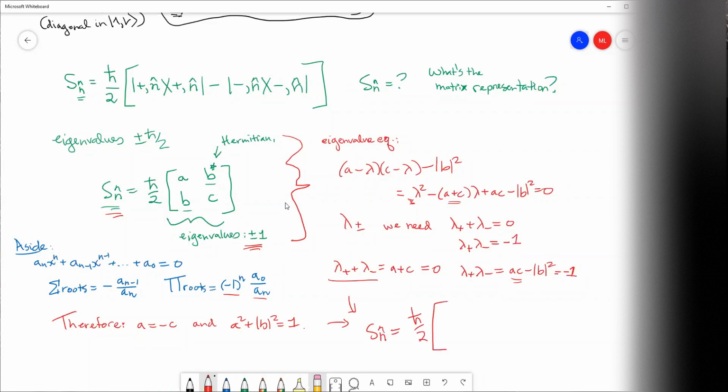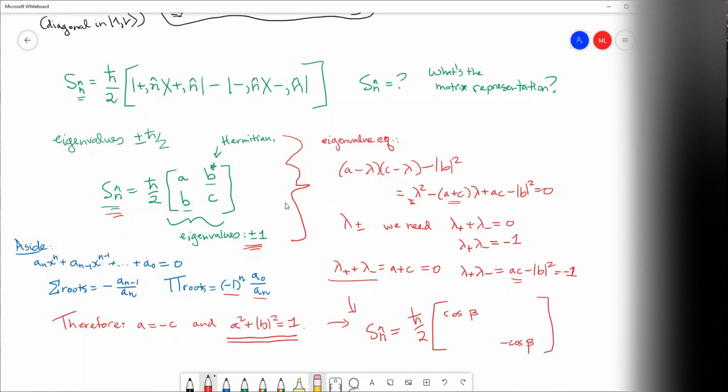And now we can put sines and cosines in order to satisfy this constraint. It's easy enough. This will be cosine of some beta, and this will be minus cosine beta.